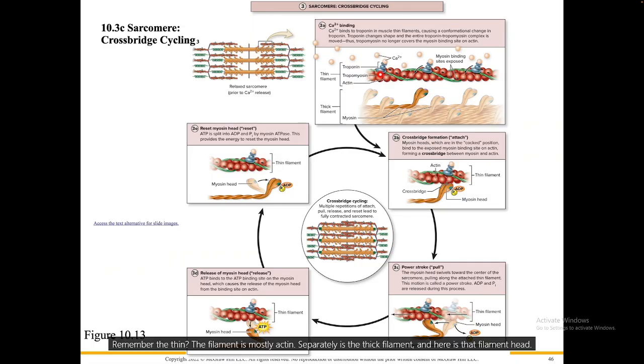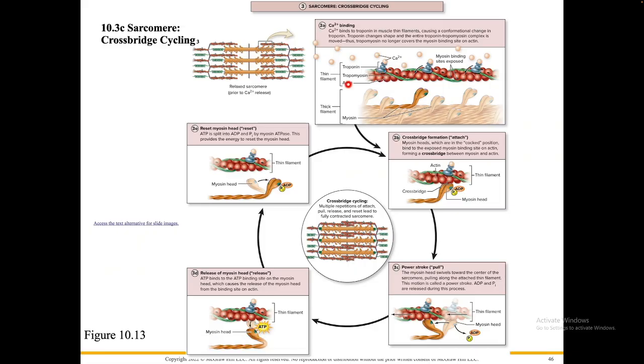Remember, the thin filament is mostly actin. Separately is the thick filament, and here's that filament head. When calcium binds, it only binds to the thin filament. After that is when they start to make this cross bridge. Now that calcium is up there, thick grabs thin. That's the cross bridging. Thick grabs thin.